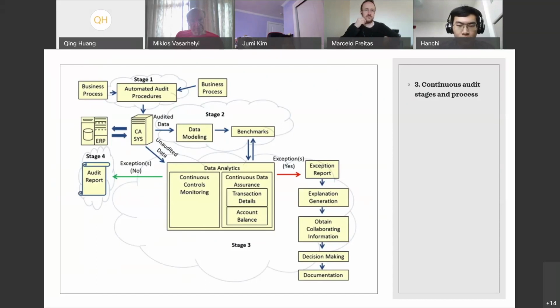In the 4th stage, a continuous audit is an audit by exception. If the continuous system does not produce any exception report, the underlying accounting information is deemed to be free from material errors or fraud. So a clean audit opinion report can be issued. So that is the 7 dimensions and 4 stages of continuous auditing.